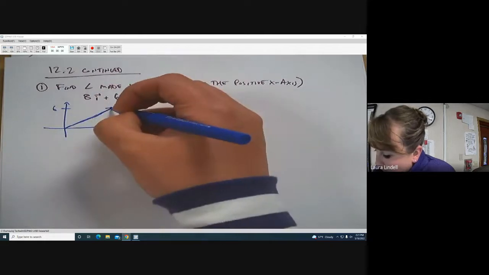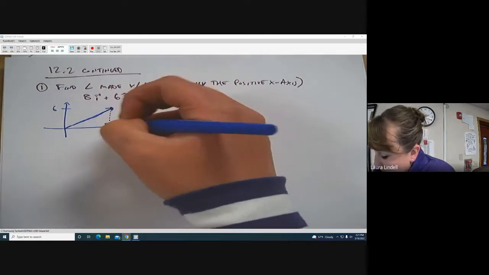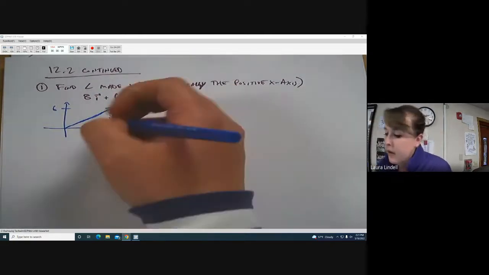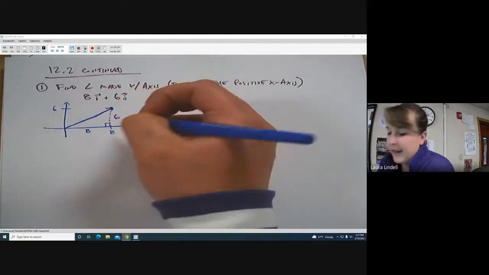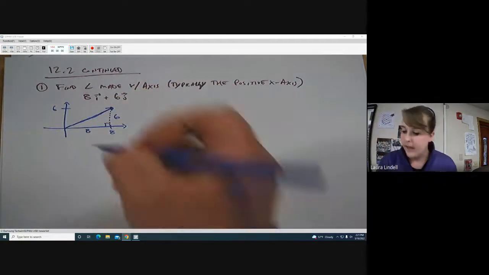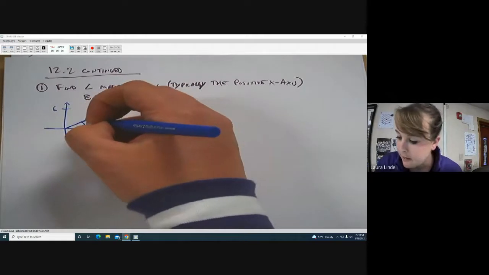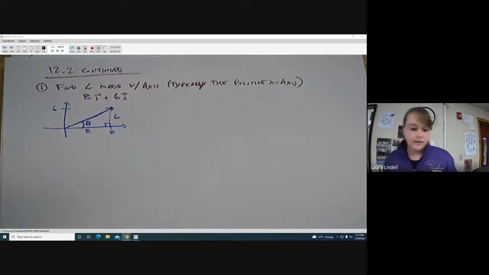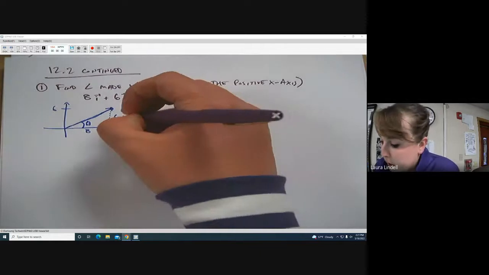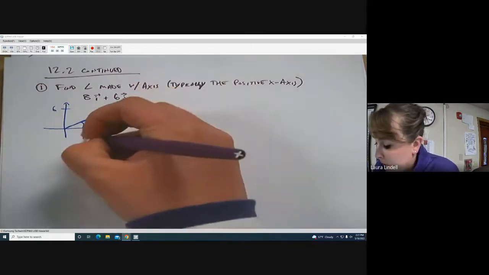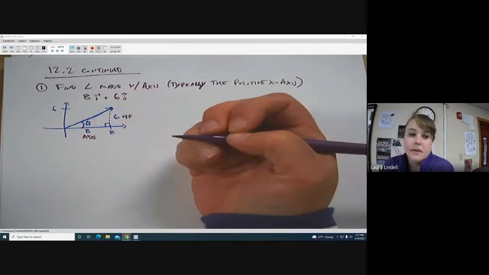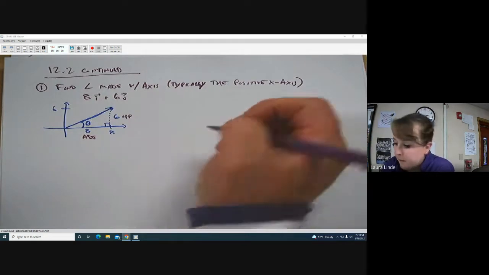If I drop a perpendicular down here, we've got a right triangle with sides of lengths 8 and 6. If I want to find the angle that this thing makes with the x-axis, that's the angle we're looking for, so we can just use right triangle trig. Looking at that angle, we have the opposite side and the adjacent side, and opposite and adjacent implies that we're going to use tangent.